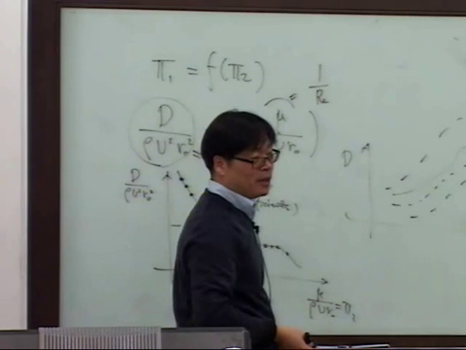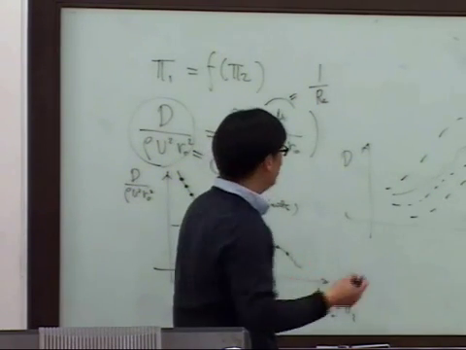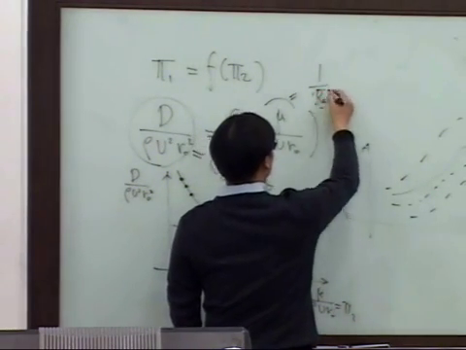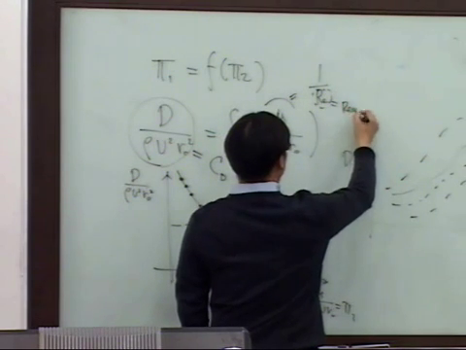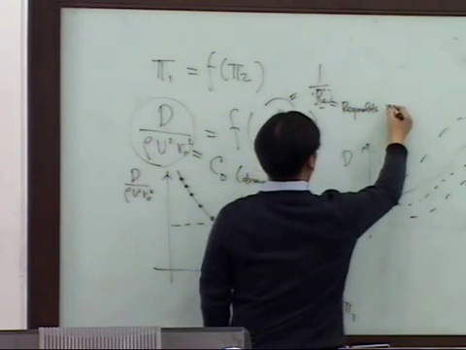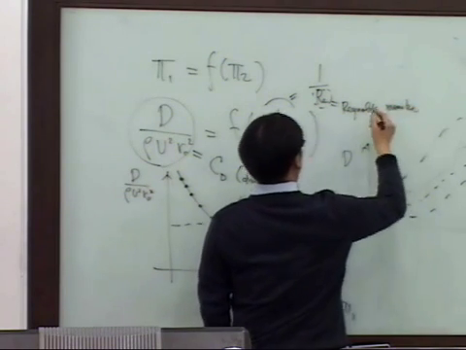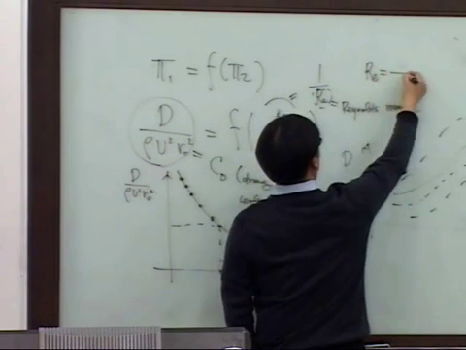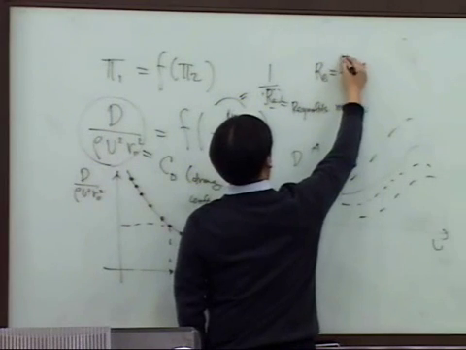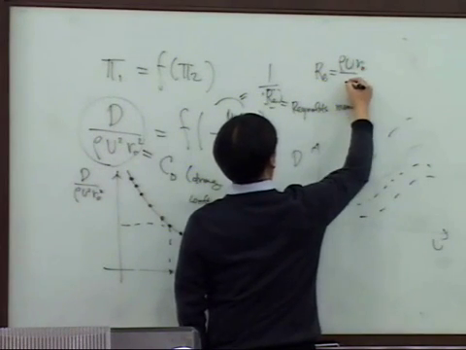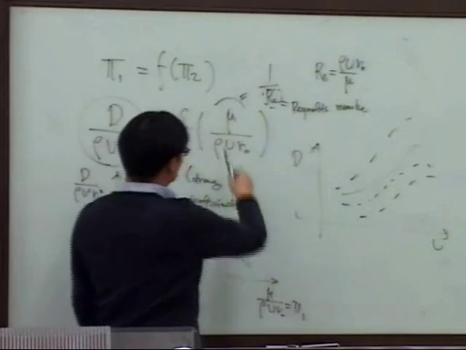Re is the Reynolds number. We'll talk about that a little later, but there is some name associated with that. So this is the Reynolds number. Actually, a Reynolds number is defined by rho u r naught divided by mu. Okay, so this is 1 over that.